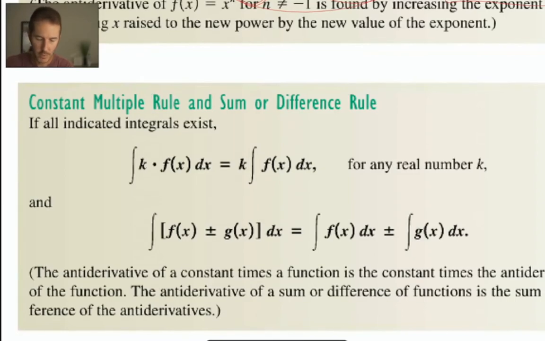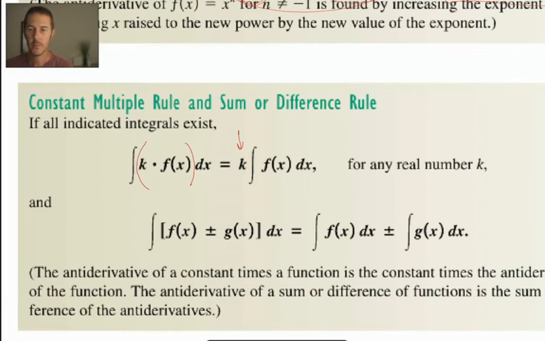So here you're seeing that we're taking the integral of k times some function, and then here you're seeing that the k has been factored out of the integration process. So you could do this, find the integral of f of x with respect to x, and then multiply that k value in after the fact.